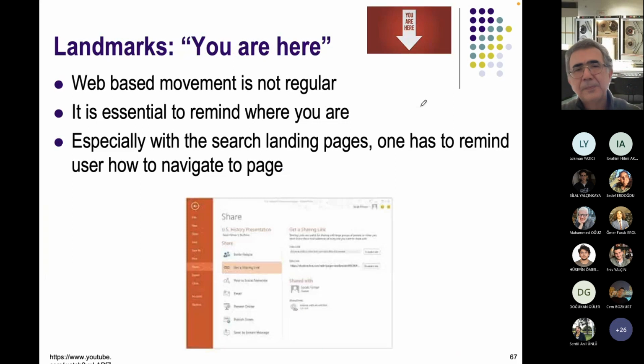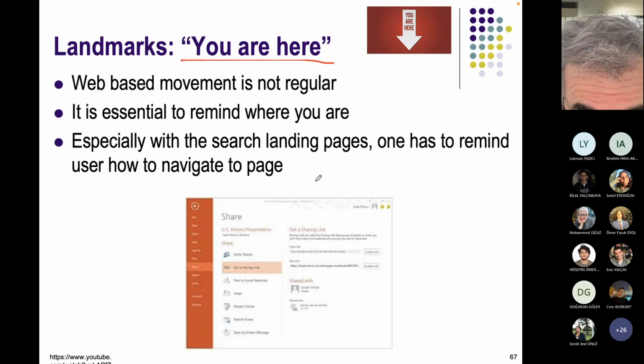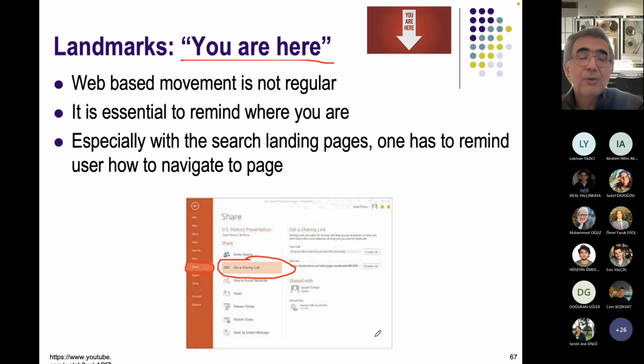In the landmark, for orientation and for keeping people informed about where they are, information must be given. This is done with colorization of the correct existing place, so that people know, and also label changes. These things indicate that you are there.